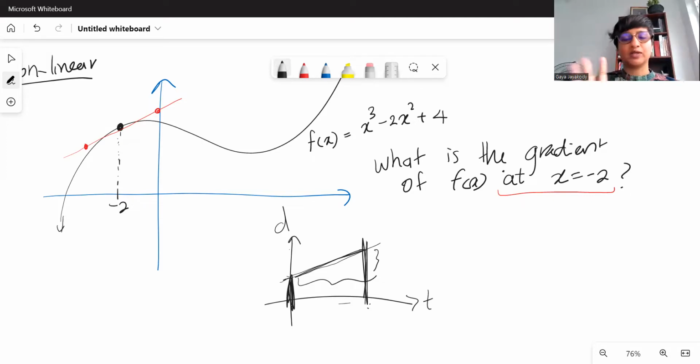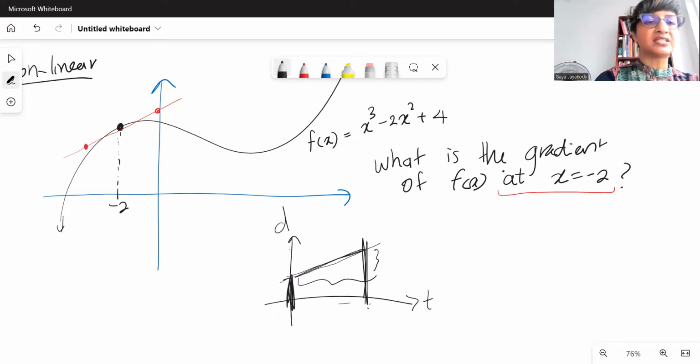Anyway, now we have a problem here. When it comes to a non-linear function whose gradient is continuously changing from point to point, how do we calculate the gradient at the different points that we want? We might need the gradient at -2 and at 5.